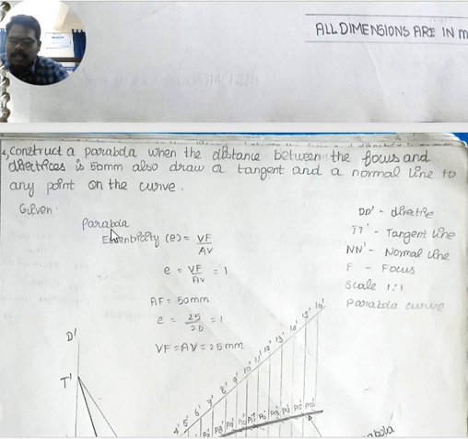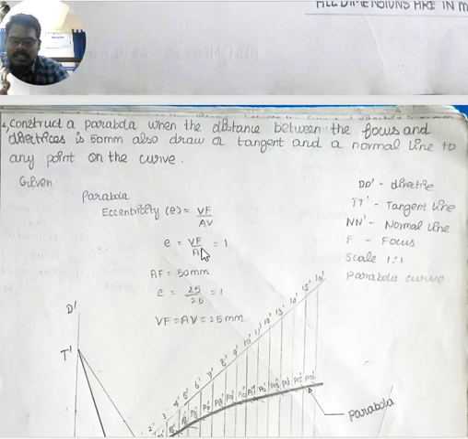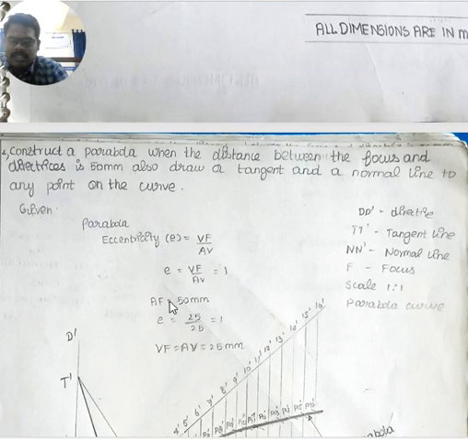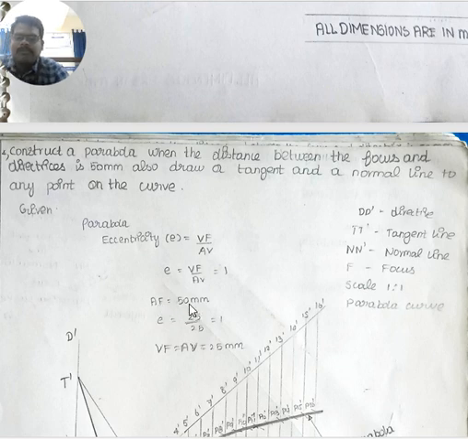Given it is a parabola, the eccentricity ratio is equal to 1. So eccentricity ratio equals VF divided by VM. Here the total distance, that is A to F, the distance between directrix and focus, is given as 50 mm.